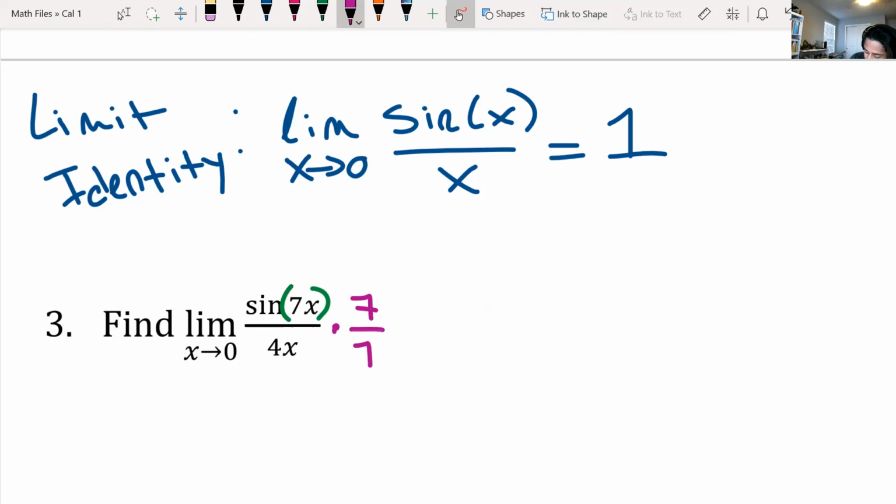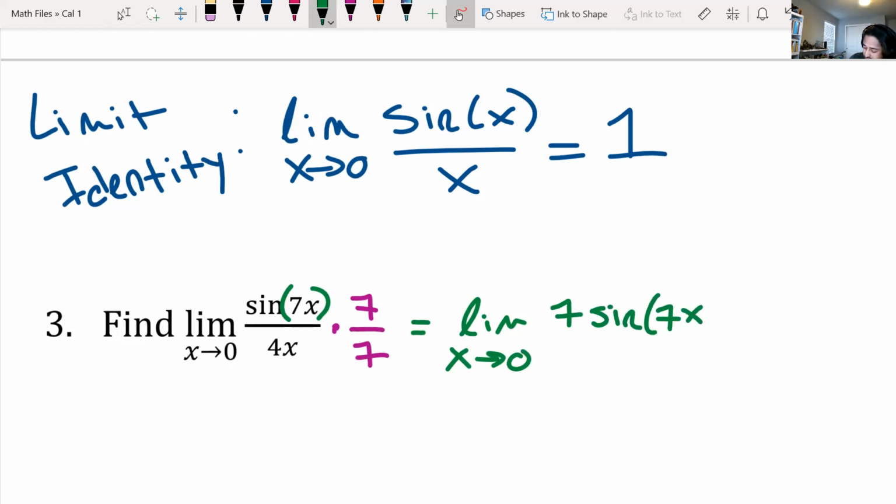So we're going to multiply this by 7 over 7. Because once again, we are manipulating by what number? 1. So this will become the limit as x approaches 0 of 7 times the sine of 7x over 4x times 7.